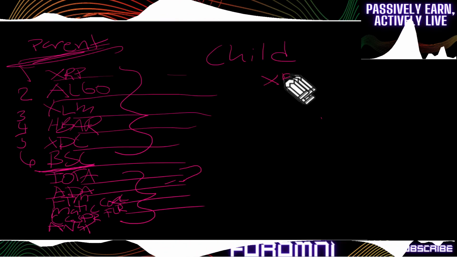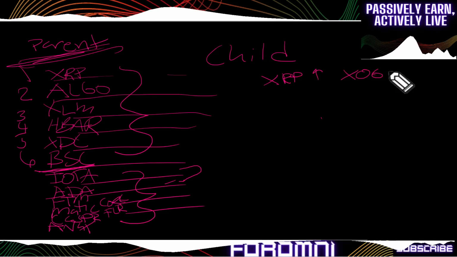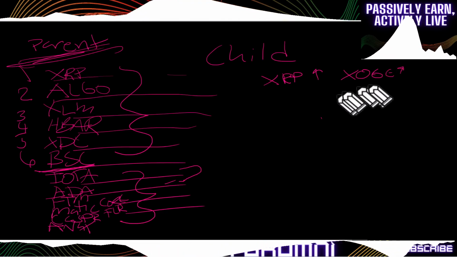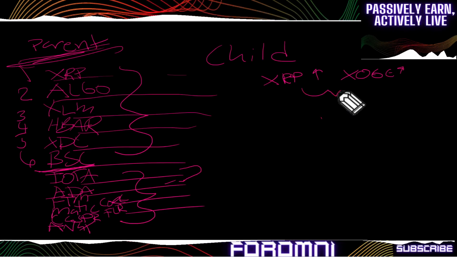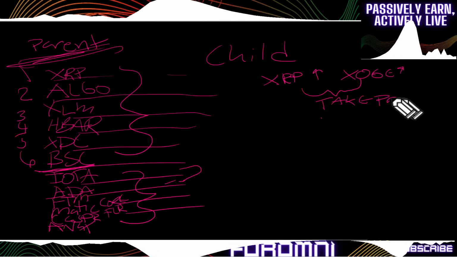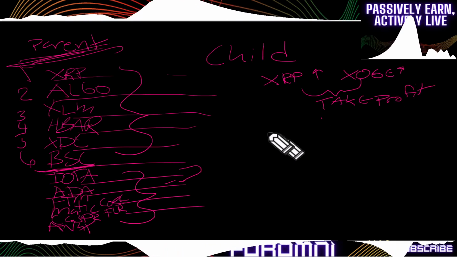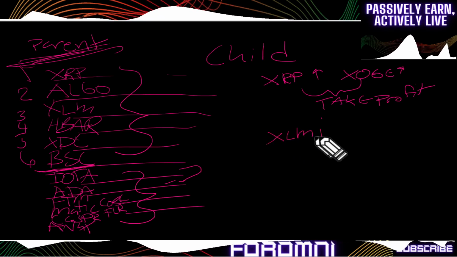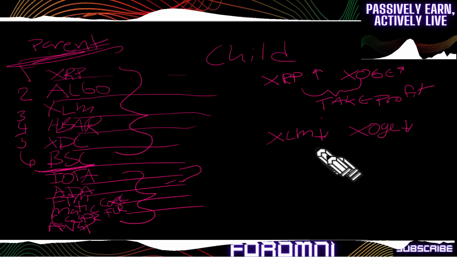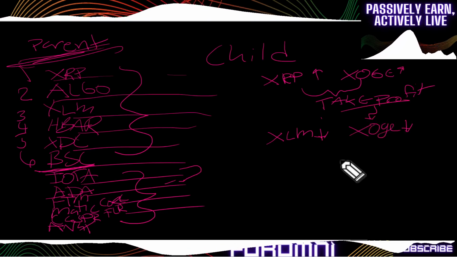If XRP is up and Xoge on XRP is up, then chances are you might want to take profit, and then you put it into, say, XLM that is down, and Xoge on XLM that is down. Well, then you would reallocate into that, right?